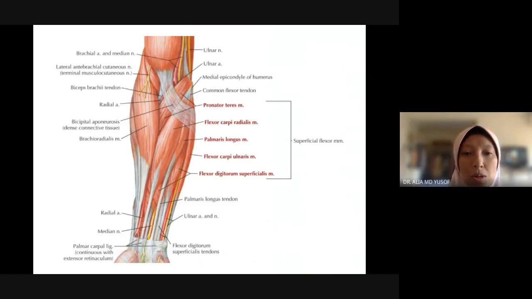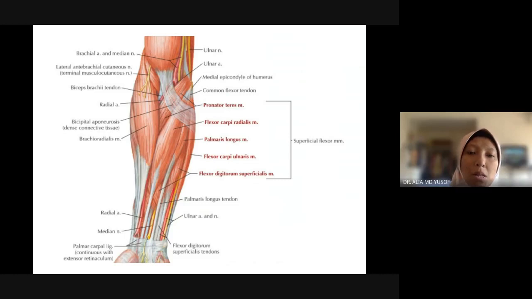If you want to refer to your Netter's or Clinical Key, it shows the superficial muscles of anterior compartment forearm muscle, where you can see clearly the pronator teres, flexor carpi radialis, palmaris longus, flexor carpi ulnaris, and flexor digitorum superficialis.